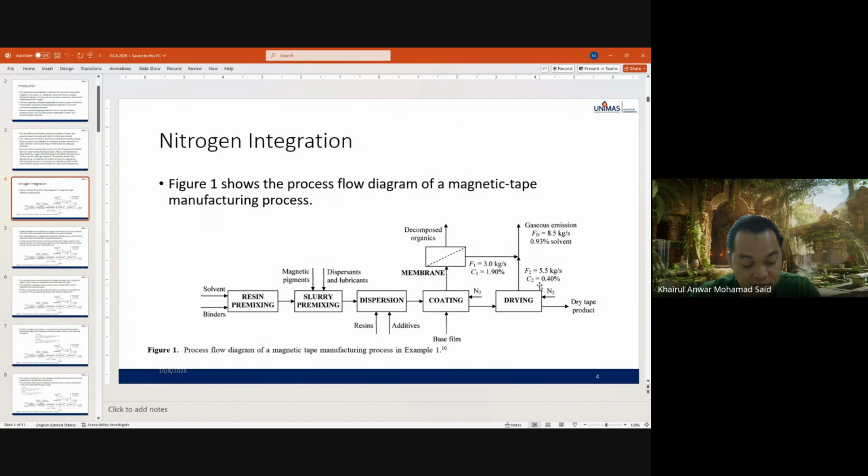The fresh nitrogen supply is solvent free. Fresh nitrogen supply here is solvent free also, meaning it's no improvement.